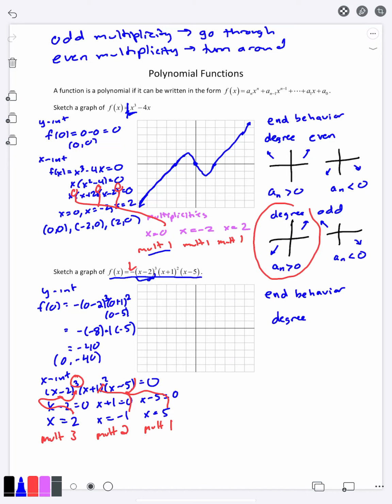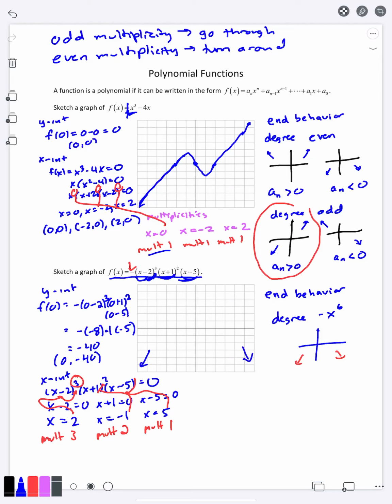We have x cubed, and then 2 more x's, x to the 5, and then 1 more x to the 6, so it's going to be something like a negative x to the 6 here from the negative in front. So we know end behavior when you have an even degree and a negative in front is both sides down. So I can go ahead and put my end behavior in there.